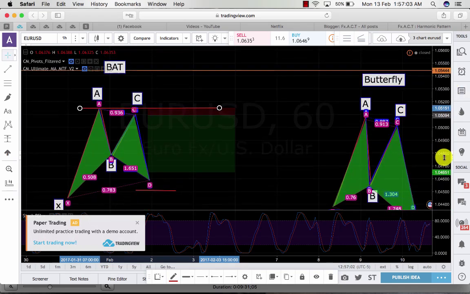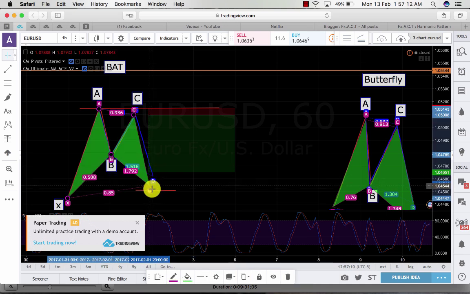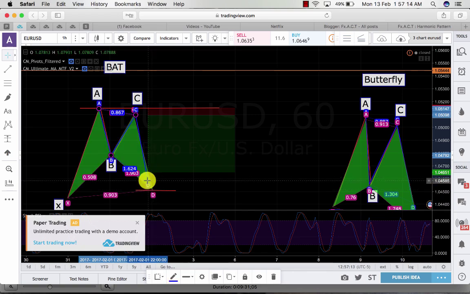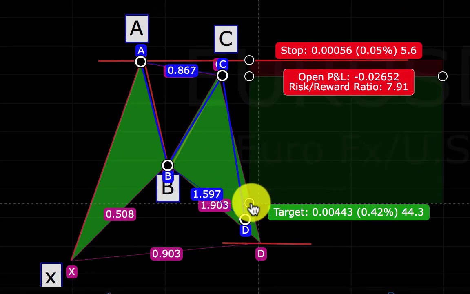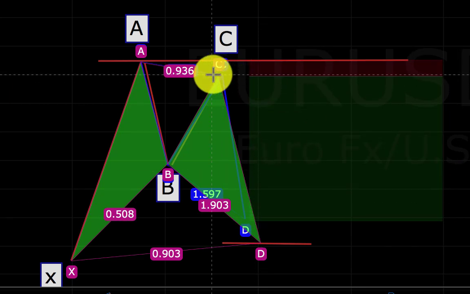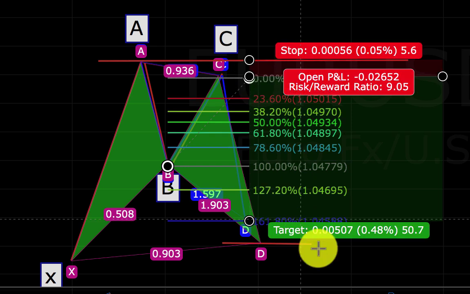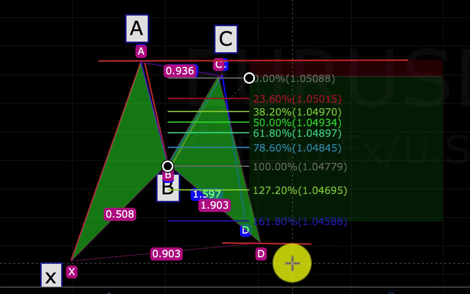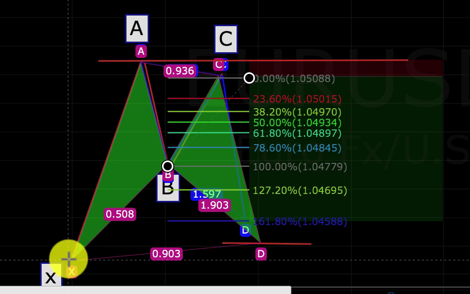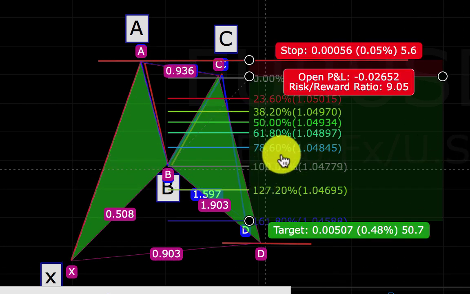Then our take profit will be on the D point. It's over here, and the D point is over here. Is that right? Let me double check it. Okay, correct.